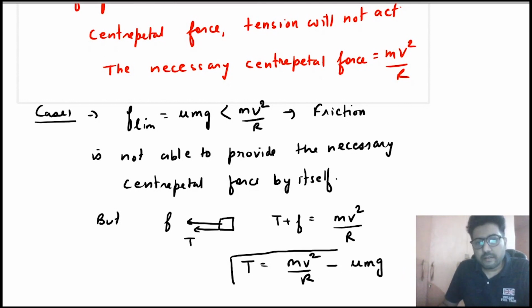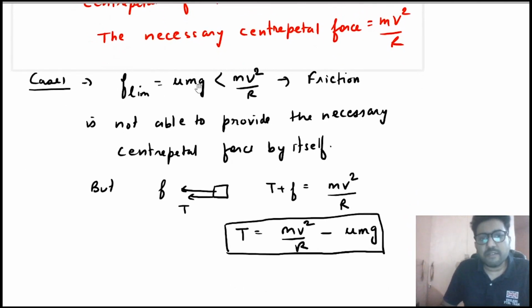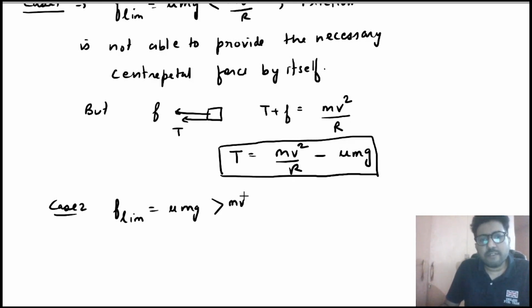Okay, so this is the tension force when mu mg is less than mv square by r, or the limiting value of friction is less than mv square by r. In case 2, it is given that the limiting force of friction, that is mu mg, is greater than mv square by r. So in this case friction itself is able to provide the centripetal force.